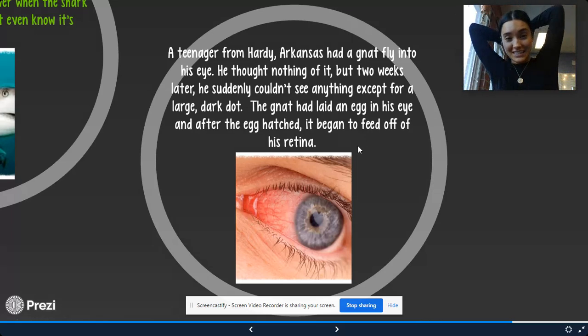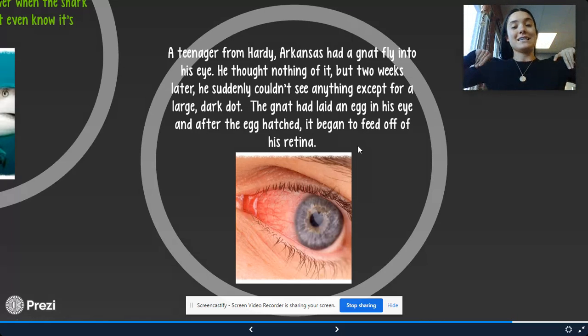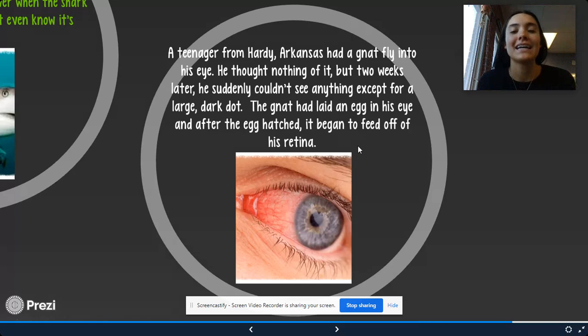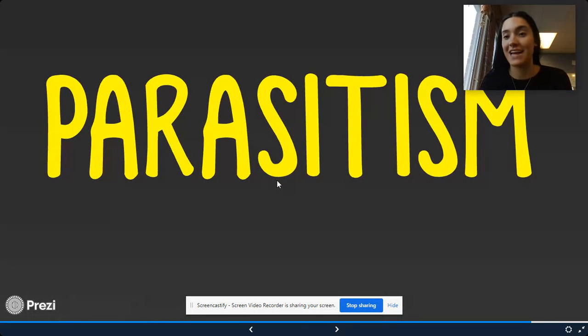Okay, so this is definitely parasitism because the gnat had a place to lay its egg, and now after the egg hatched, the little baby gnats are getting to feed off of this human eyeball, but the human is definitely harmed. You can see how red the eye is, so it'll be parasitism. Now I'm scared of gnats.